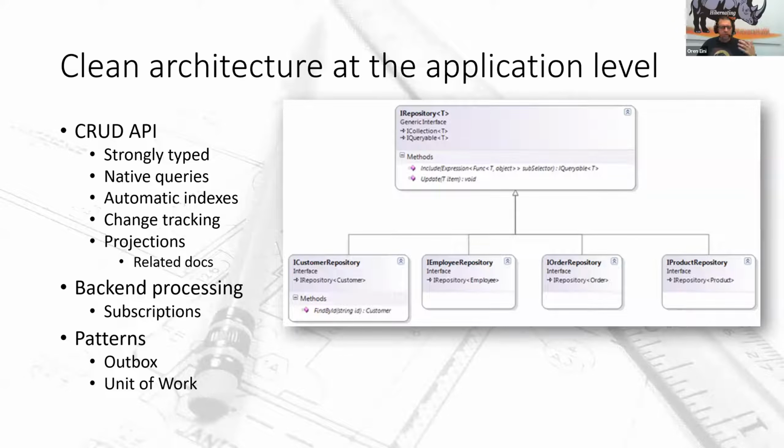CQRS is a complex system. You have to split the reads and the writes. You have to have some way of taking the commands and translating them at the end to something that is operational. It turns out that for a lot of things, I would actually say split up.